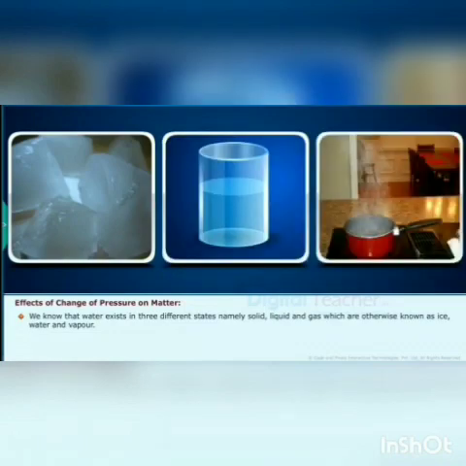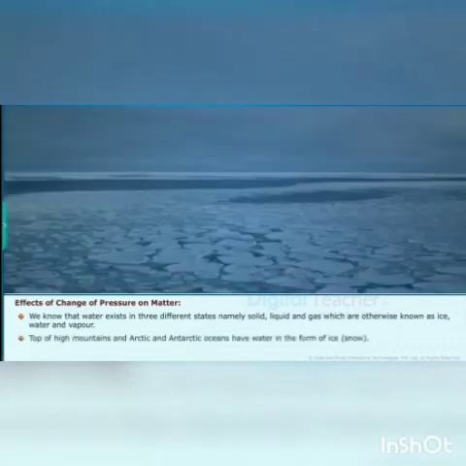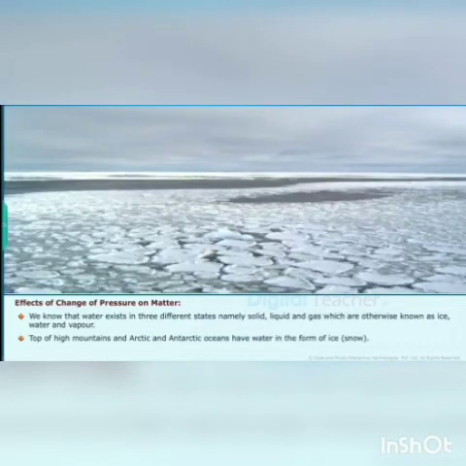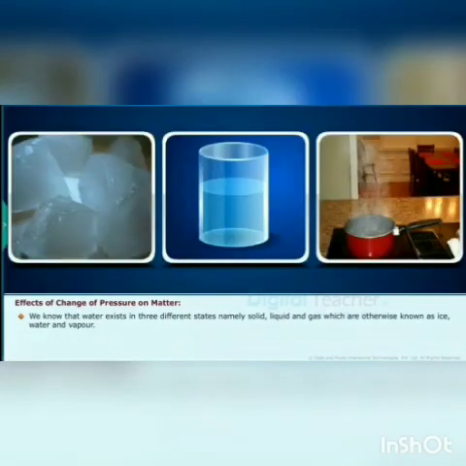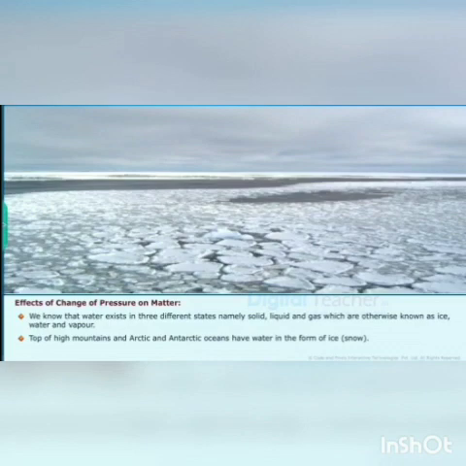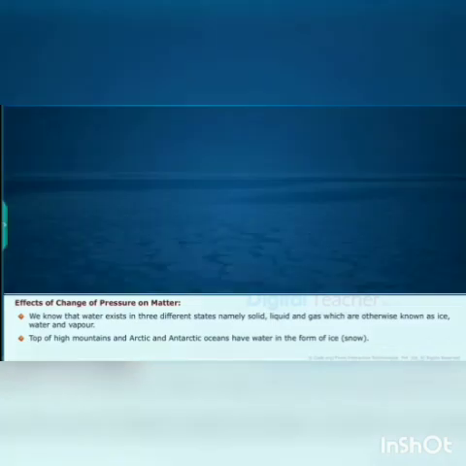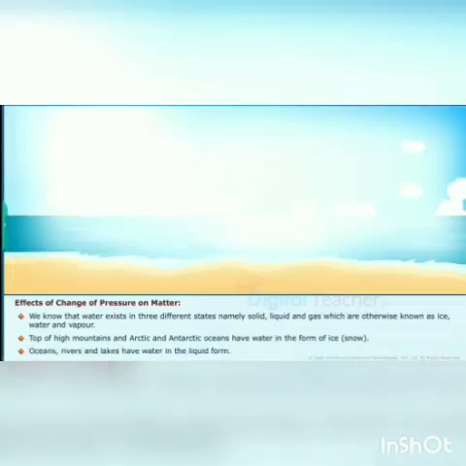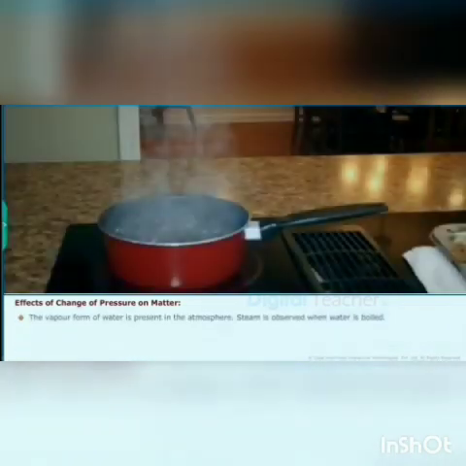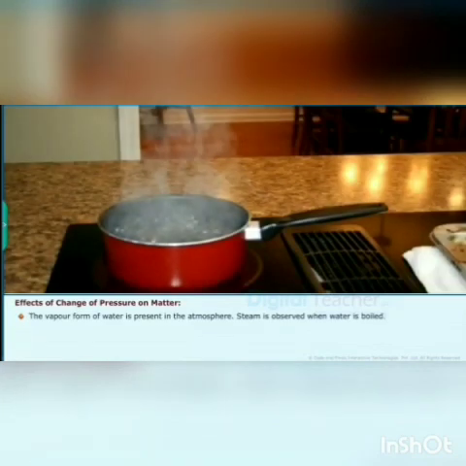Effects of change of pressure on matter. We know that water exists in three different states, namely solid, liquid, and gas, which are otherwise known as ice, water, and vapor. The tops of high mountains and the Arctic and Antarctic oceans have water in the form of ice, that is, snow.